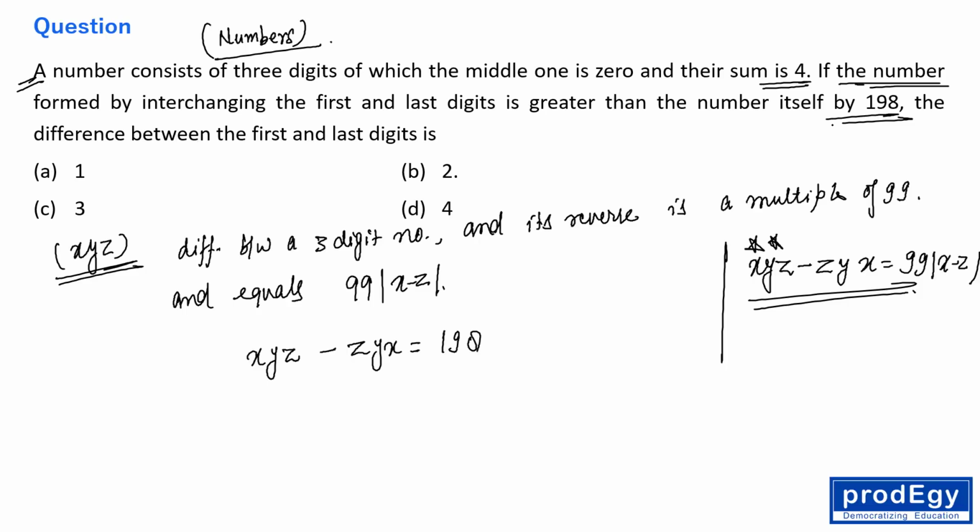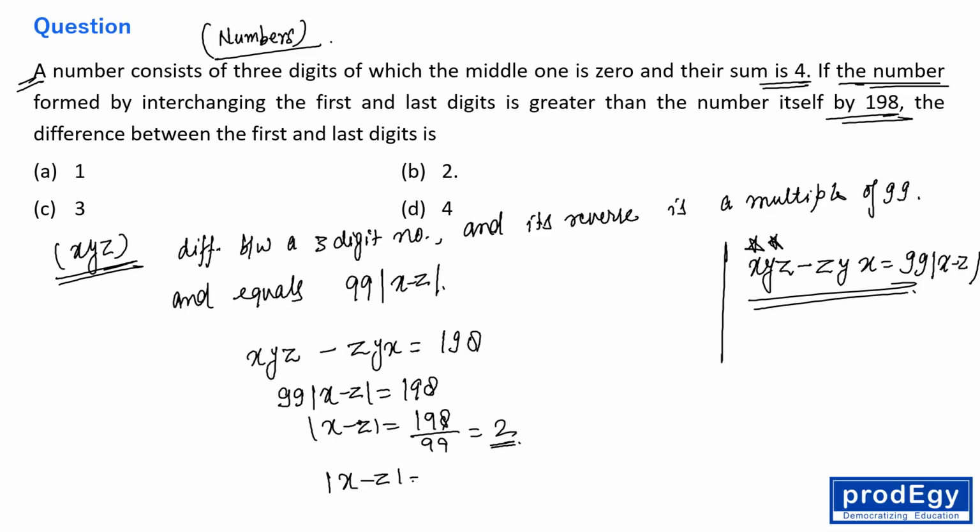Again, I'm reading the question for you. If the number formed by interchanging the first and last digit is greater than the number itself by 198, it means zyx minus xyz, and we are getting the resultant as 198. So this is 99 times x minus z, which is 198. 198 divided by 99 is 2.